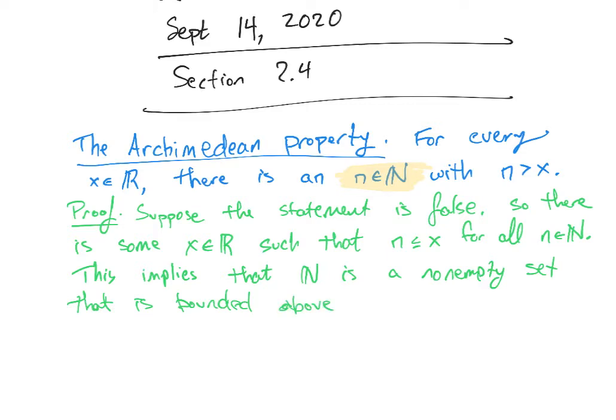And what I probably want to say is non-empty subset of R, just to emphasize that that's where we're doing things. Okay, and so what does this mean? So the natural numbers has a supremum, by the supremum property.